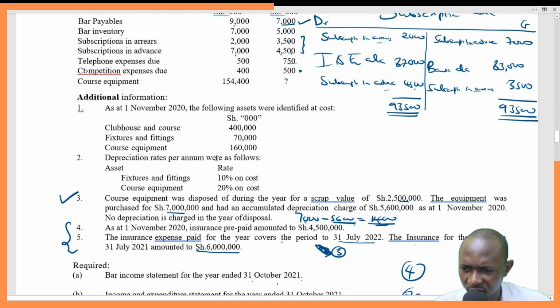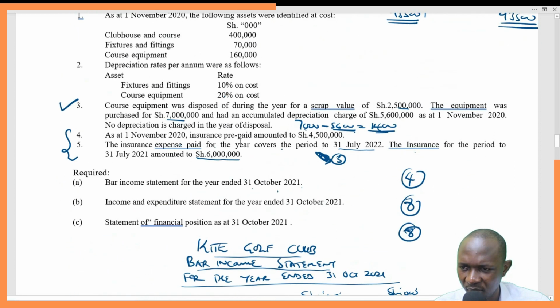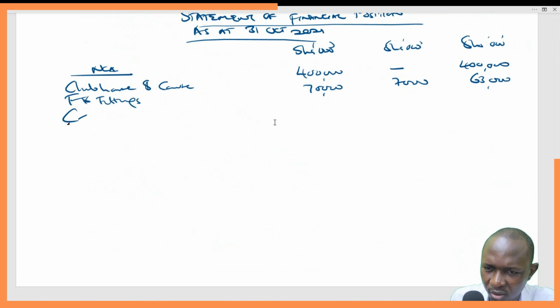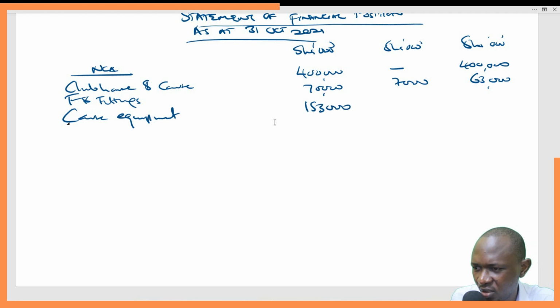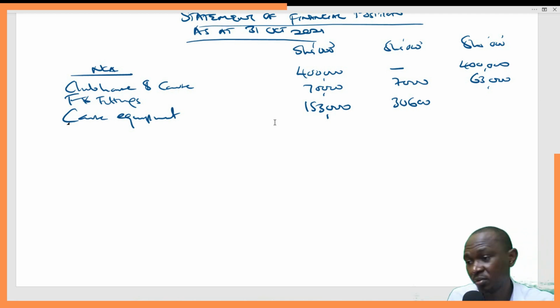Now course equipment 160. So course equipment will be valued at 153,000 minus the depreciation for that year. 153,000 minus 30,600 gives us 122,400.